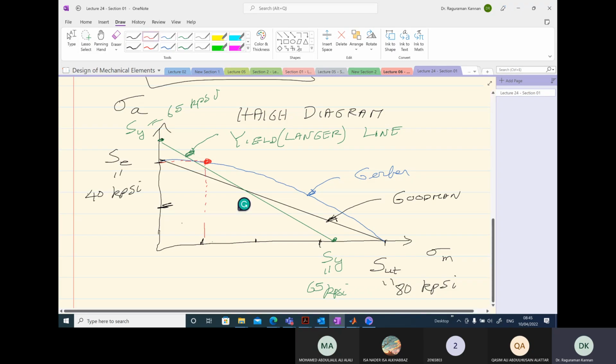So we can draw a load line now, joining the origin, a radial load line, to here through this point, and that will give us the intersection points.